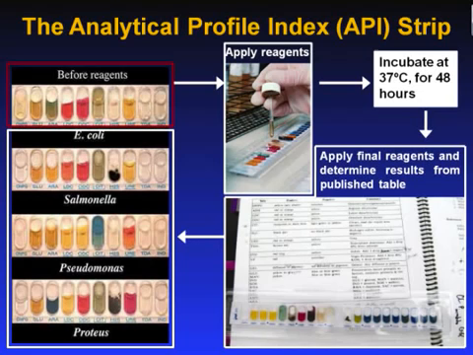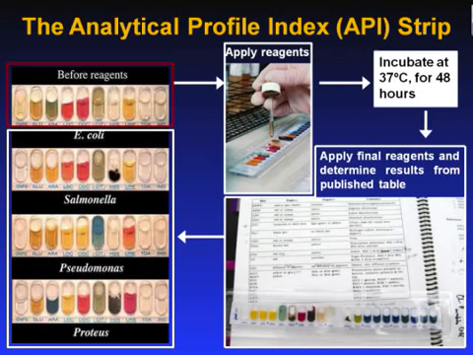The Analytical Profile Index, or API system, consists of a plastic strip of 20 individual miniaturized test tubes, or cupules, each containing a different reagent used to determine the metabolic capabilities and, ultimately, the genus and species of gram-negative enteric bacteria in the Enterobacteriaceae family.